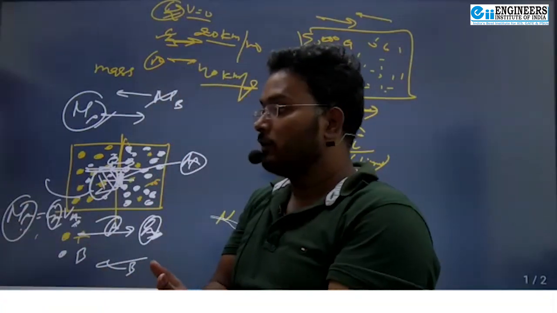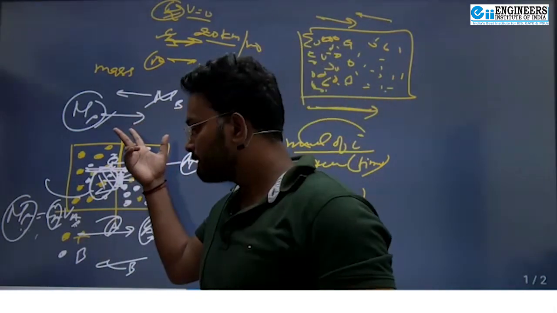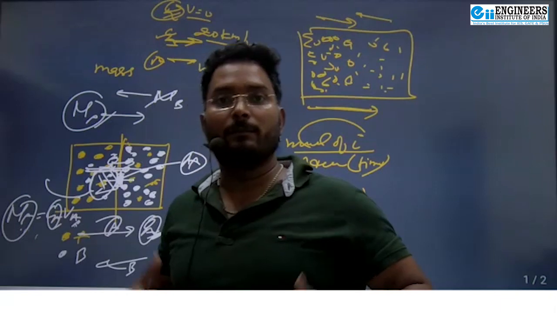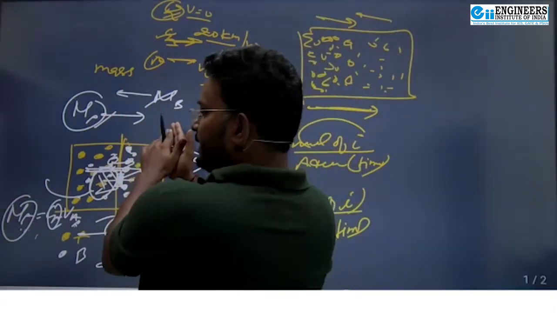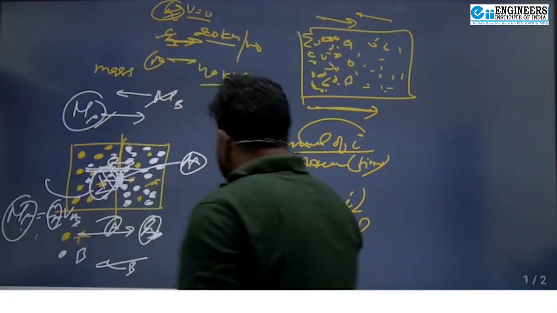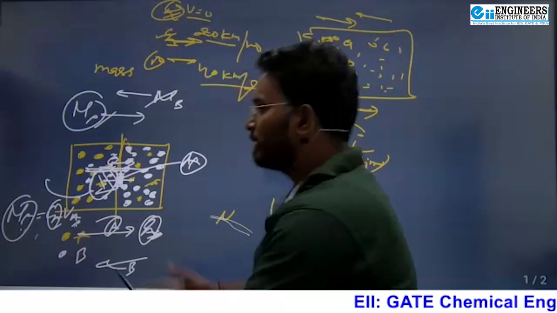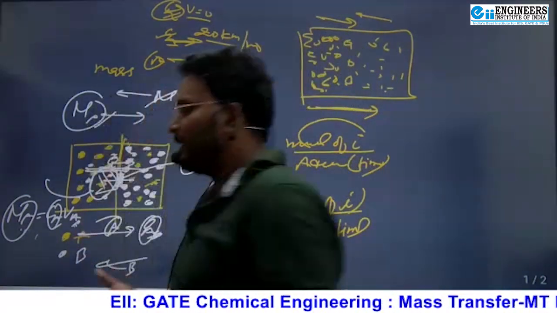Total molar flux of the system, that is Na plus Nb. And if they are equal and opposite, what happens? The contribution of the bulk flow is cancelled out. If Na equals minus Nb, equal and opposite, then Na and J are the same. Whatever we measure with respect to the observer is the same as the characteristic feature of the substance. Am I right? Na equals J.